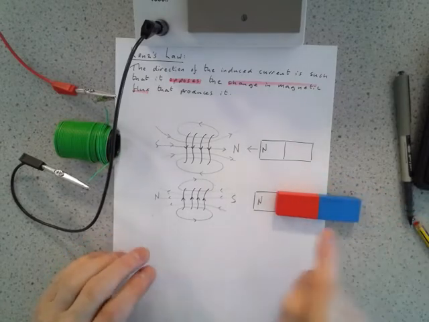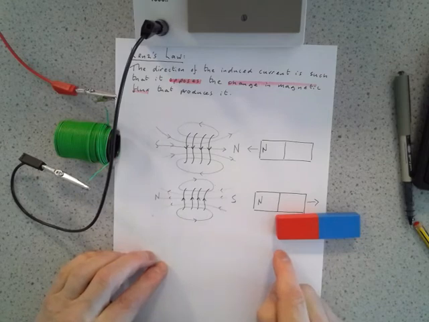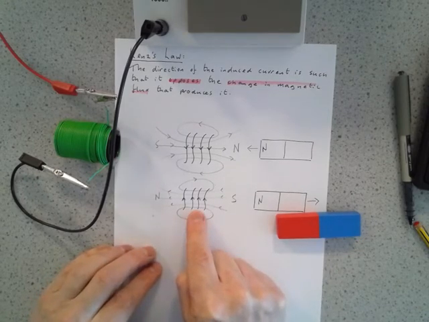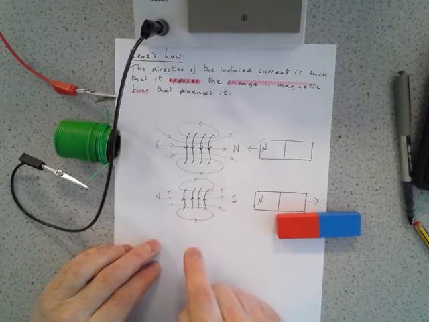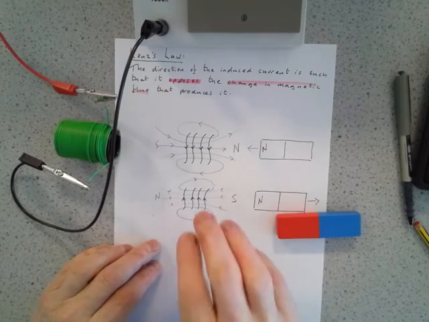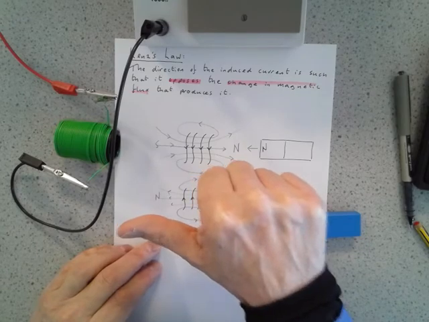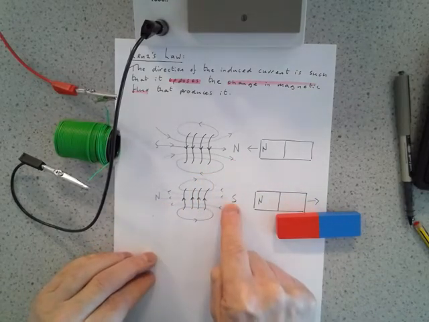Come on, keep up. The magnet is moving out of the coil in this direction. We saw that the current moved in the opposite direction, so that means it's now flowing this way around the coil. If we use the right hand rule, then the fingers of the right hand grip in the direction of the current. The thumb gives us the north pole to be this end. Therefore, this end is a south pole end.